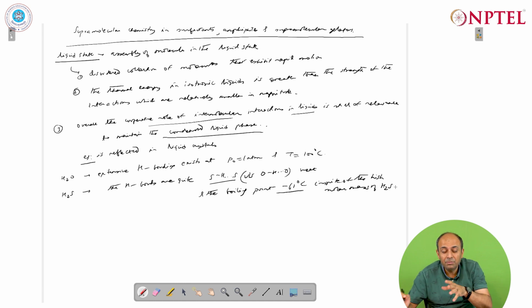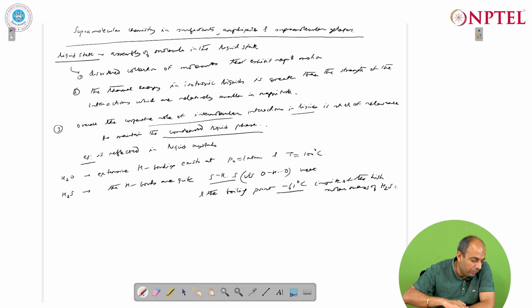So in principle, when the molecular weight is more, the boiling point should also be higher, but in this case, because of the weak hydrogen bonds involving S-H-S in H2S, that lowers the boiling point to minus 61 degrees centigrade.